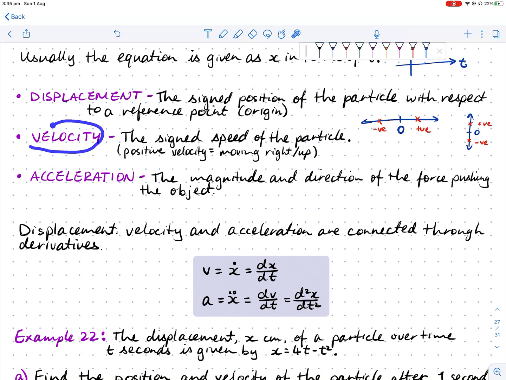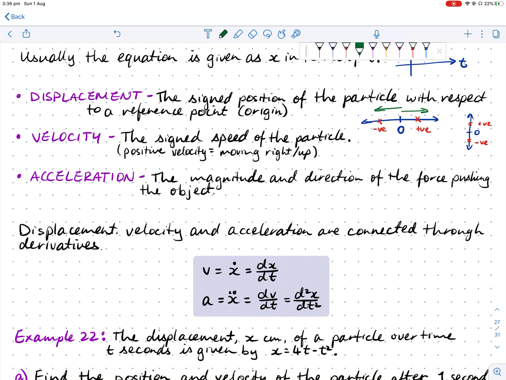When we go to look at velocity, the velocity is the signed speed of the particle. It's telling us which direction it's going in and how fast. If my particle is moving this way, then we can say that it's got a positive velocity, because it's moving towards the right. If it's moving towards the left, then we say that the velocity is negative.